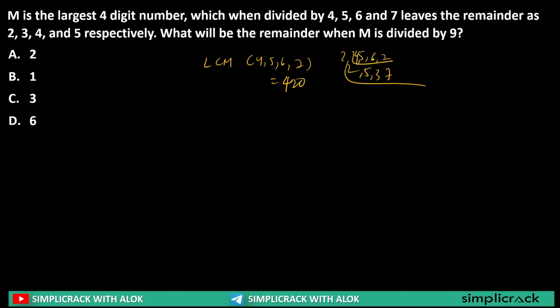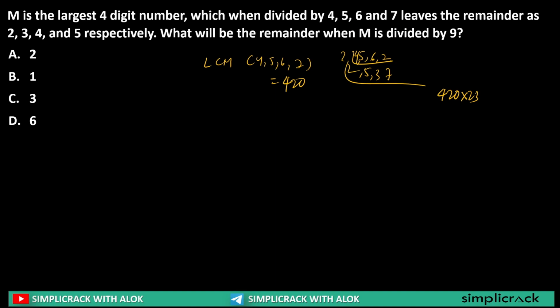So the largest 4-digit number: 420 into 20 is 8,400, 22 is 9240, 24 will be more than 10,000, right? So 420 into 23 will be the largest 4-digit number divisible by all these numbers.